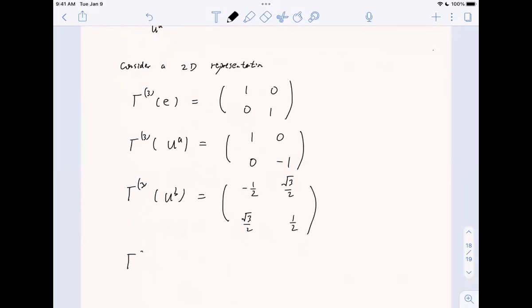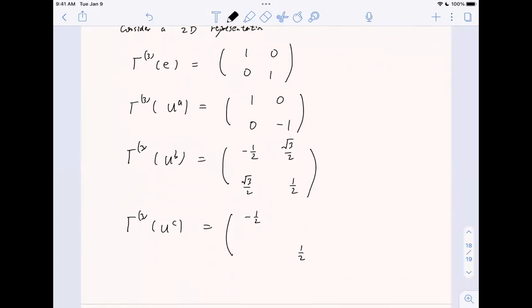And then, you see, I'm just copying the numbers from the textbook. So these are the matrix elements of one representation.